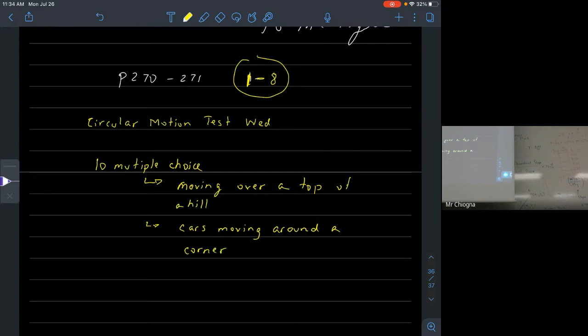Remember with friction. I would know field strength. This is just some possible questions. Gravitational, make sure I'm clear on that. Know how to calculate the gravitational field strength.